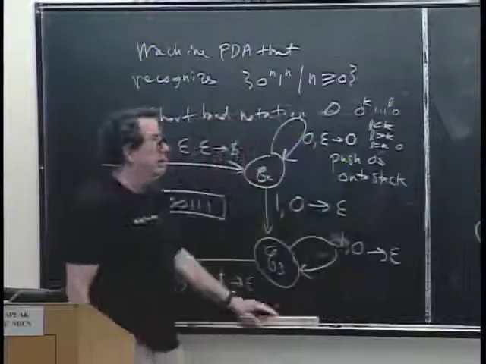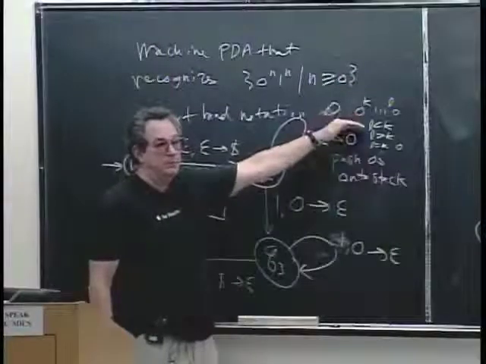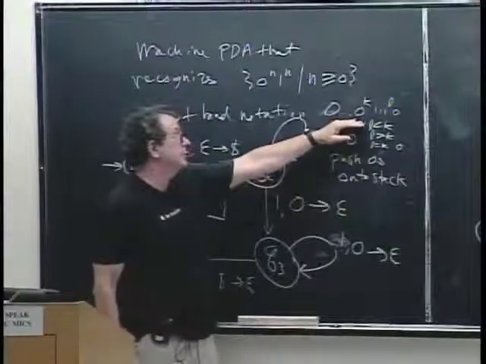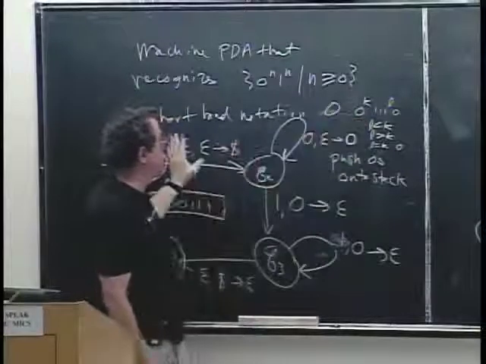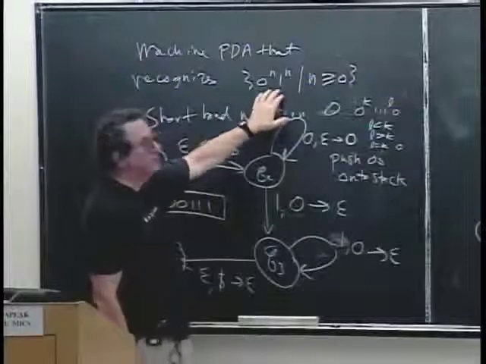And so these are all the cases. This is a way of describing all the possible sequences, in addition to the one that I already talked about, all the sequences that are not of this form.